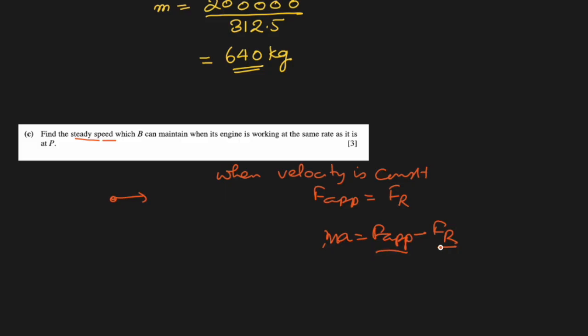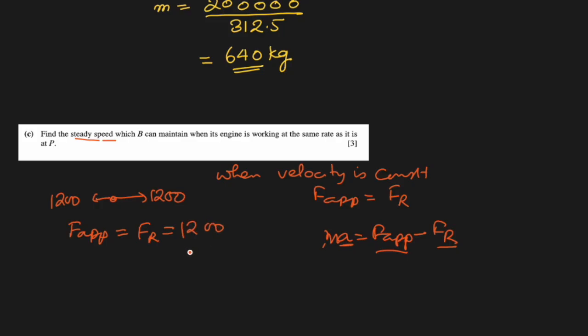So if both of them are equal, this will be 0, and that's why acceleration will be 0. Acceleration 0 means the speed will be maintained. So if resistive force is 1200 and applied force is also 1200, that means, let me write it formally, applied force is equal to resistive force, which is 1200, right?